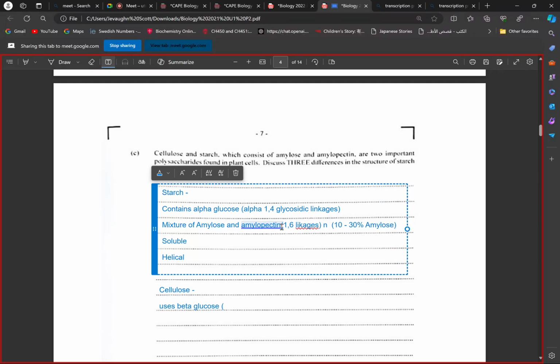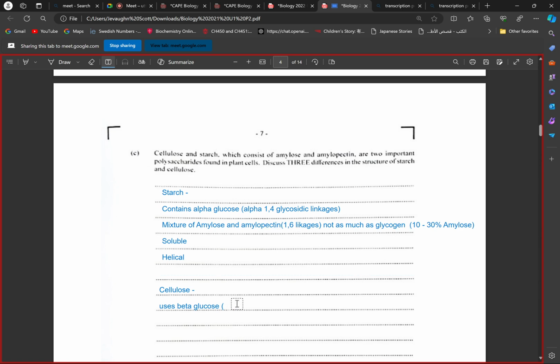Amylopectin has both alpha 1,4 glycosidic bonds and alpha 1,6 glycosidic bonds. It's not as much as glycogen. Alright, lovely. So beta glucose uses 1,4. We know that, so know that, let me asterisk, every other glucose molecule is flipped.